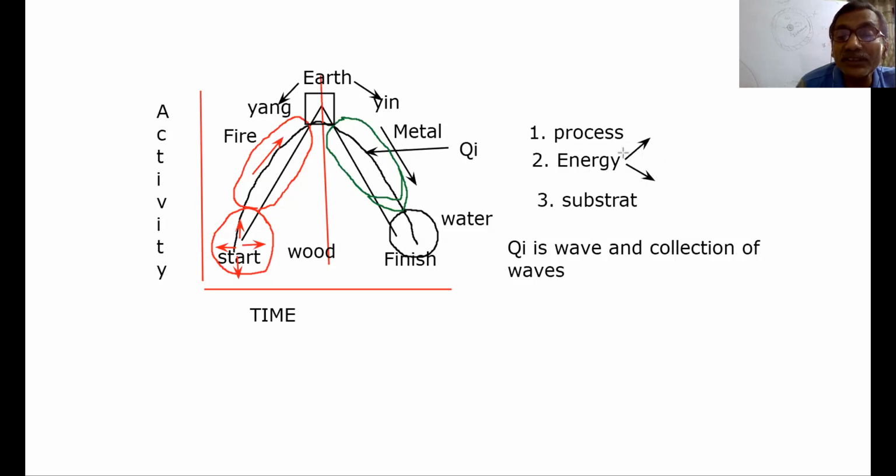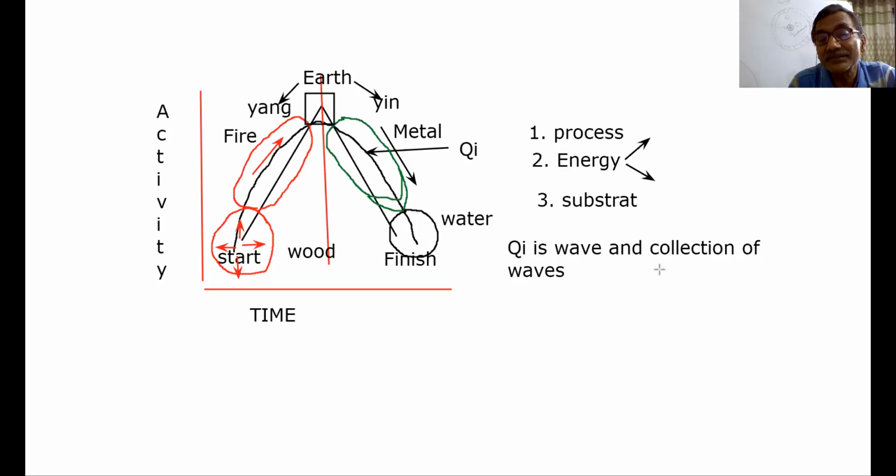When yang and yin both are combined, then only it is called chi. Yang in isolation cannot be found. Yin in isolation cannot be found. Yang must accompany yin. Yin cannot be there without yang. And this whole process, which has two parts, that is chi. So individually, any of these three can be called chi, and in combination of two or all the three, it can be called chi. And chi is formed of what?